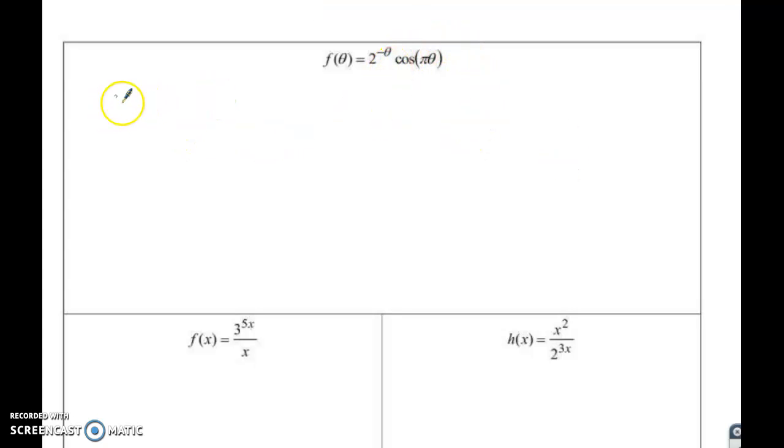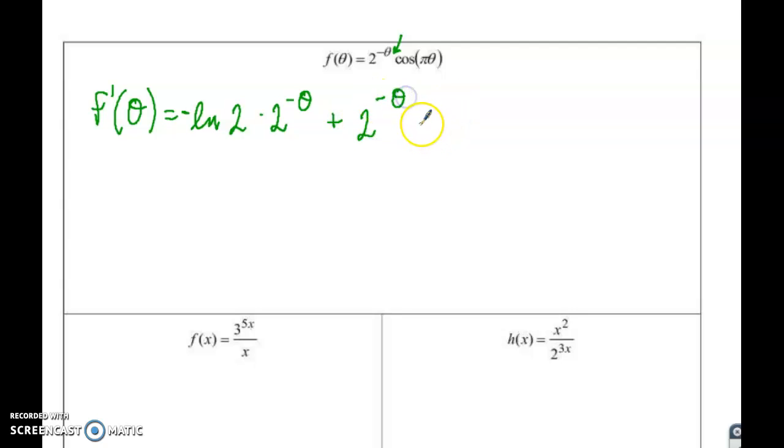But in this problem, your derivative then would be, again, a product rule. And in here's a chain. So the derivative of 2 to the would be natural log of 2 times 2 to the negative theta times the derivative of negative theta, which would be negative 1, plus leave 2 to the negative theta alone.